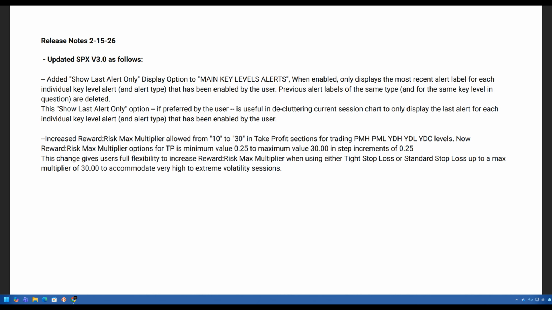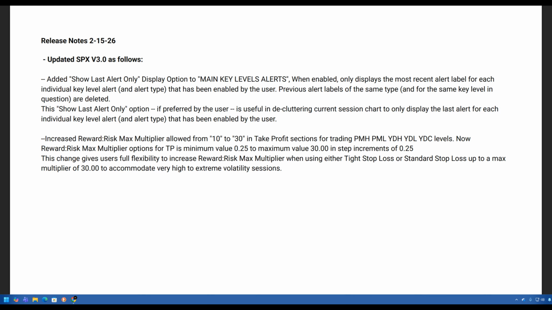Okay, so this gives you the full flexibility to increase or decrease, whatever the case may be, the reward risk max multiplier when using either a tight stop loss or standard stop loss, up to a maximum value of 30 to accommodate the very high to extreme volatility sessions, which we see every now and again.